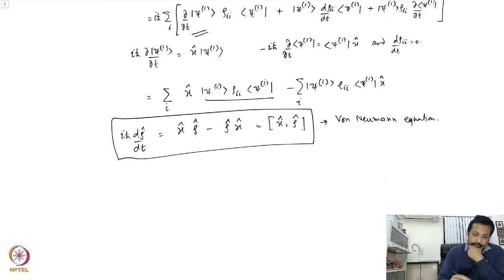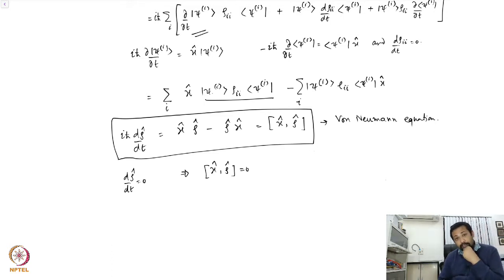Now with this, if I set dρ/dt equal to 0, this means that the commutator of Ĥ and ρ̂ is equal to 0. So the Hamiltonian and the density matrix commute with each other.